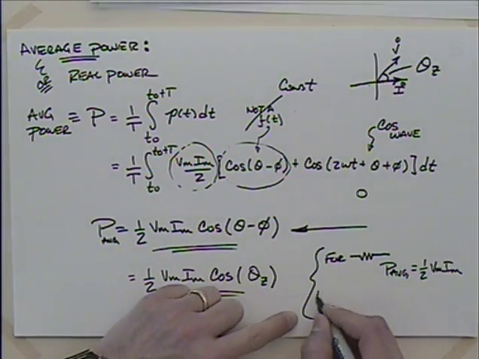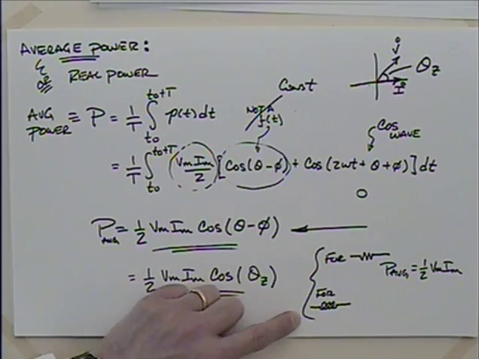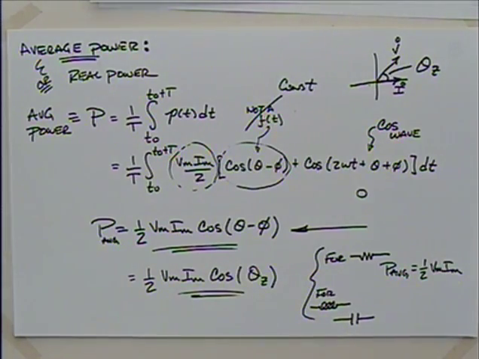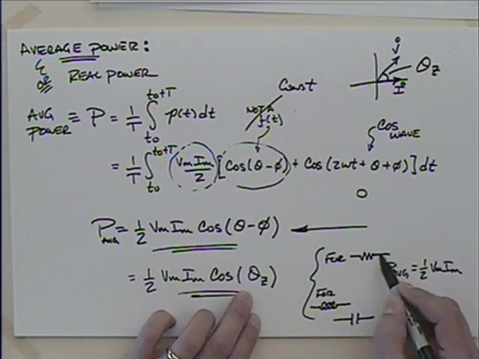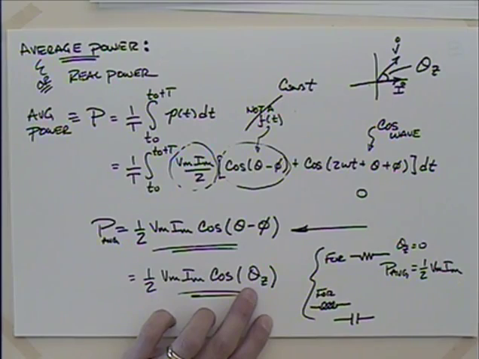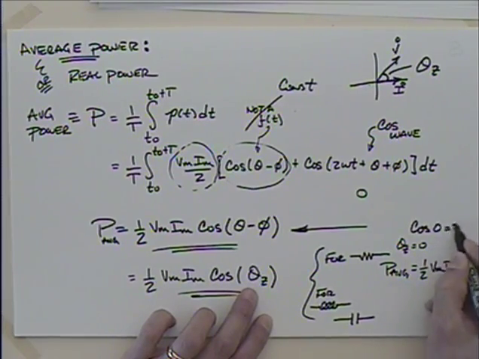What if we have an inductor, and I'm talking about a pure inductor, a theoretical perfect inductor, or a capacitor for that matter, and capacitors are a lot closer to perfect to begin with. I said this is equal to the impedance angle here, theta sub z. That was equal to 0, right? So what's cosine of 0? 1? Is that right? Yeah. Cosine of 0 is equal to 1. So that's how I got this.